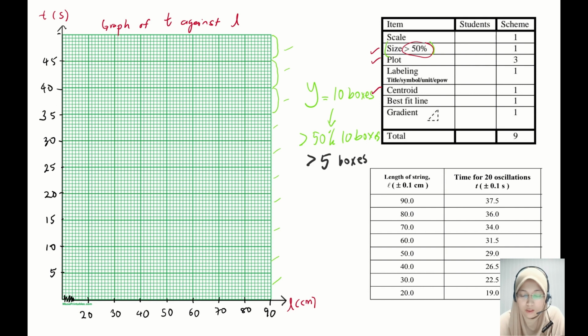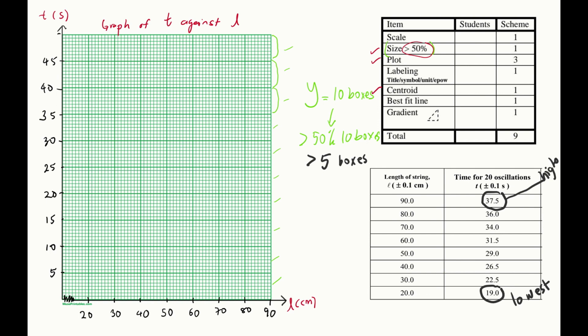So how can we determine the size? It is to refer to the first point or the lowest point. The lowest value is going to be the lowest point on the graph, and also the highest point or the highest value. So the size between 19 and 37.5 is supposed to be more than 5 boxes.